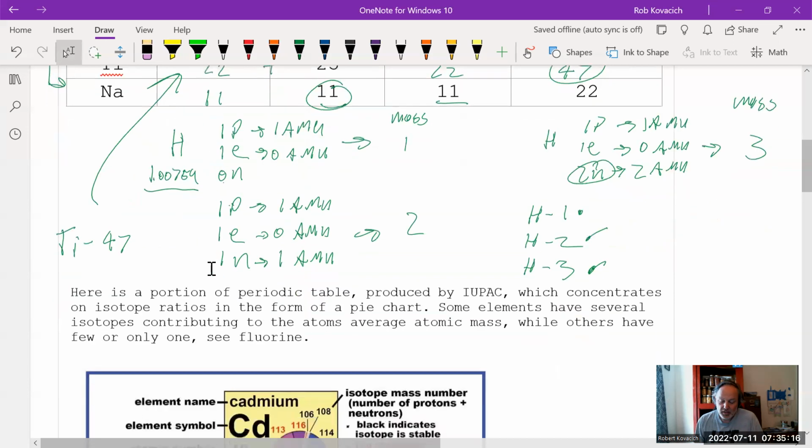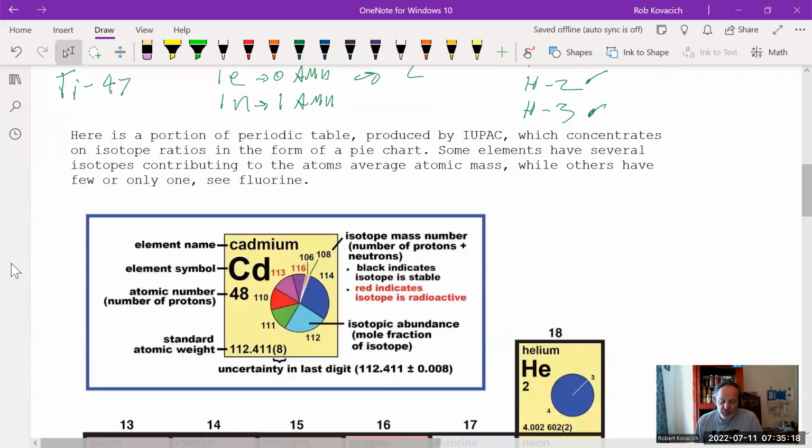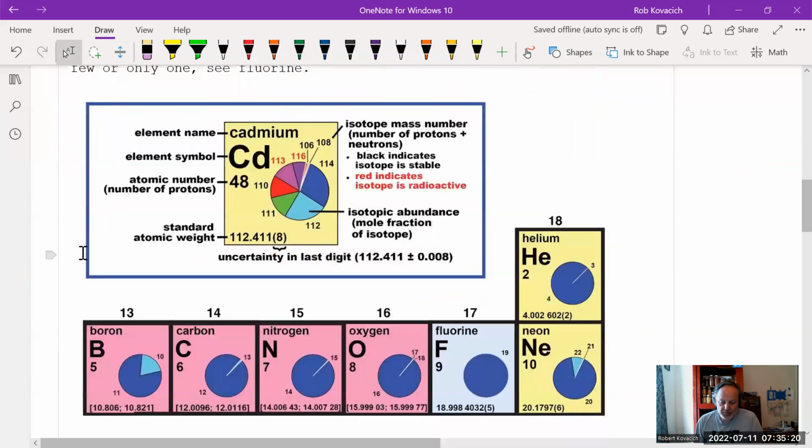If I look on the periodic table of elements, we can see that there's this number underneath. So what I mean is this number here, or these numbers down here. And so like this number, this guy right here.